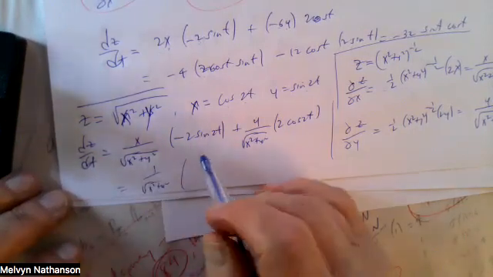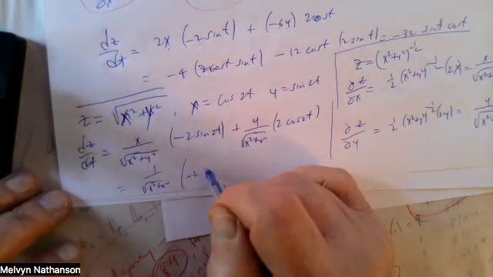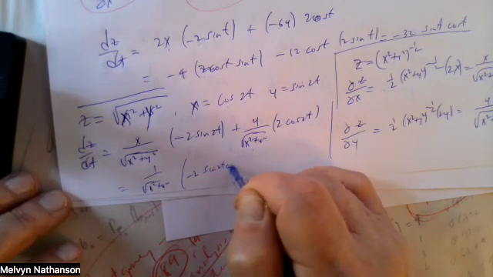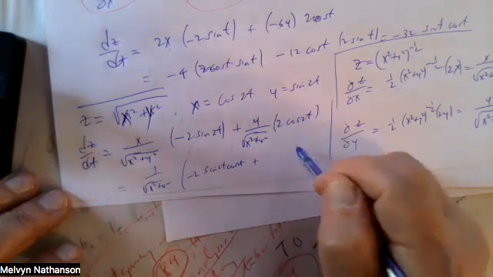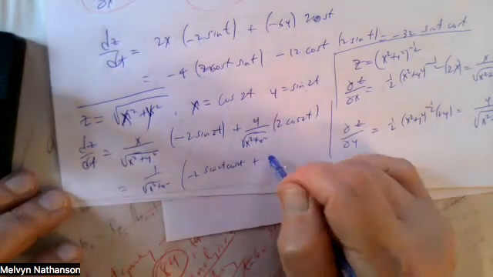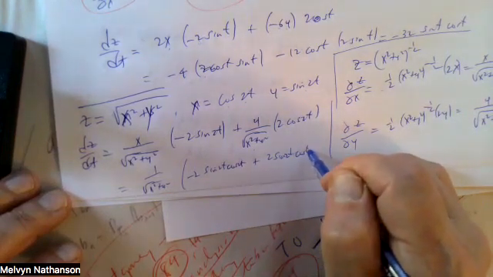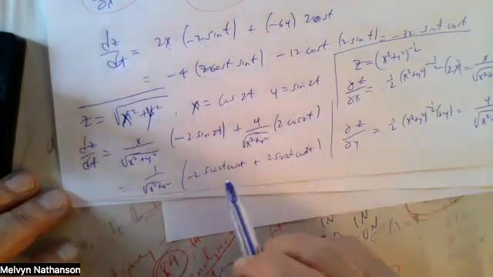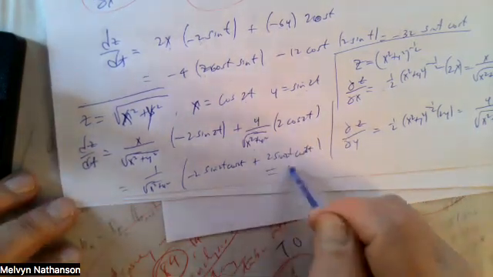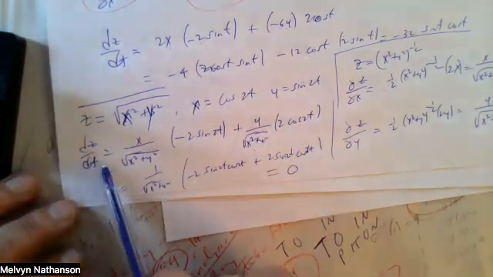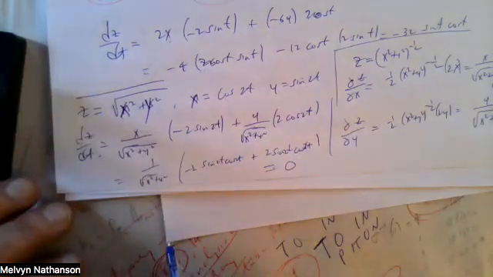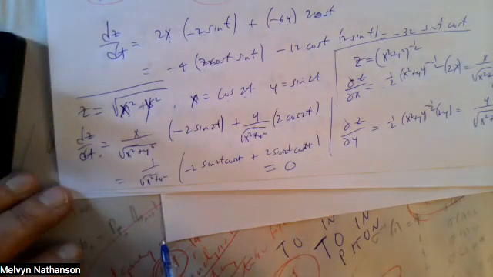I have minus 2 sine 2t cosine 2t plus y times this, 2 times sine 2t cosine 2t. And minus 2 plus 2 is 0. So this is 0. So dz dt is identically 0, always.